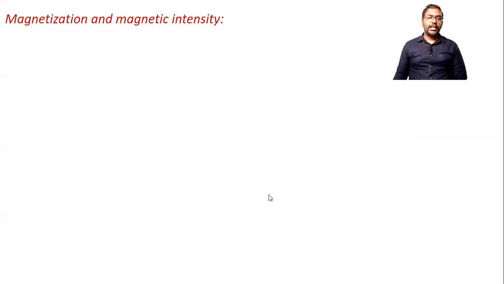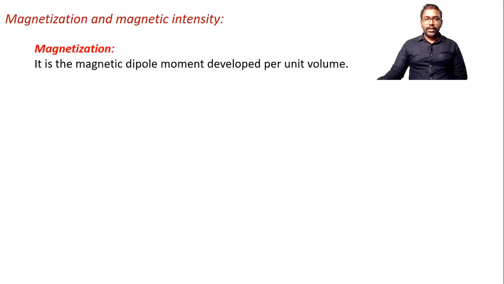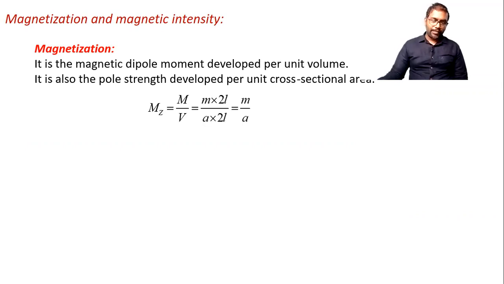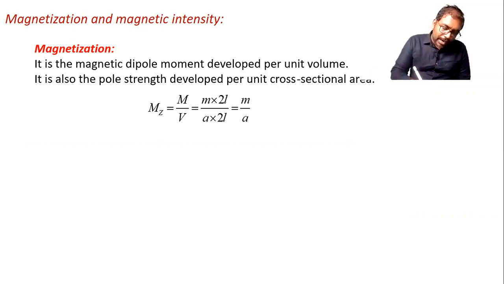Now, the next article is magnetization and magnetic intensity. Magnetization is the magnetic dipole moment developed per unit volume. It is also the pole strength developed per unit cross-sectional area. Now we get this formula. Magnetization is the magnetic dipole moment divided by volume. And dipole moment, you know, is pole strength into magnetic length.